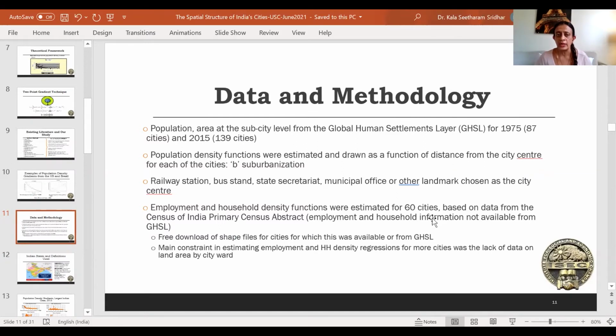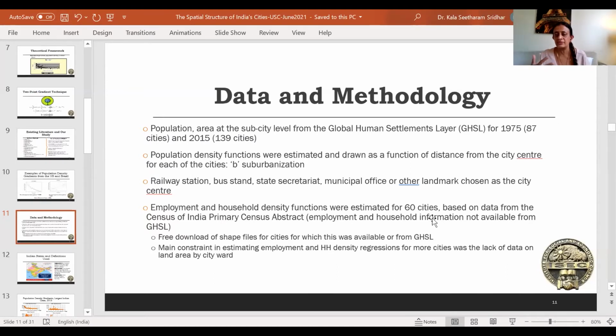The data and methodology for our study primarily depend on the Global Human Settlements Layer, published by the joint European Commission. Population density functions were estimated for nearly 350 regressions, for 139 cities for 2015, for which the data were available, and also about 87 Indian cities for 1975.